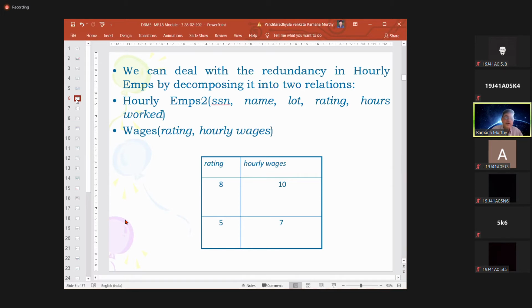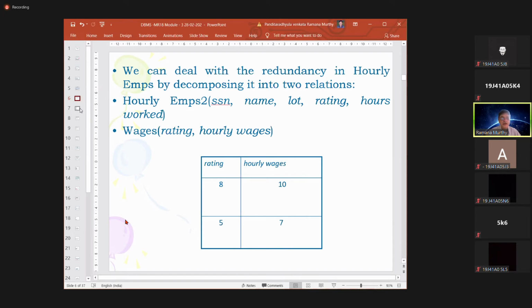We divided it into different tables. In table number 1, we keep SSN, name, LOT, rating, and hours worked only. Hourly wages we store in a separate table along with the rating. What is the common field in these two tables? Rating. So by dividing this table, we are reducing some redundancy.